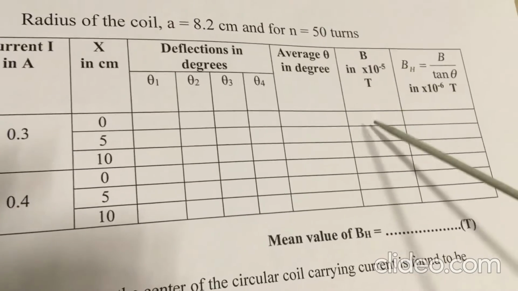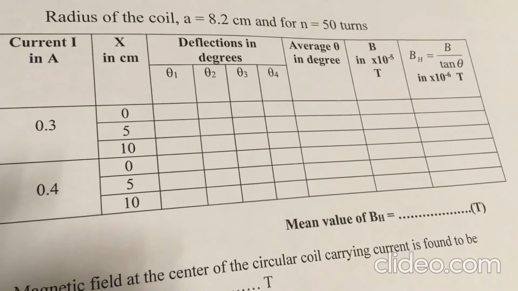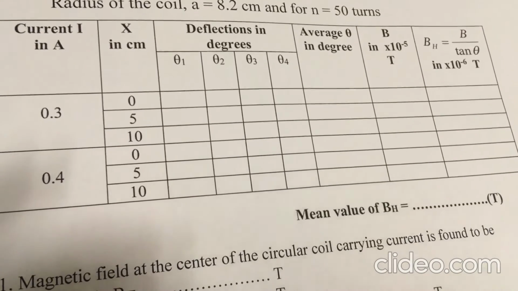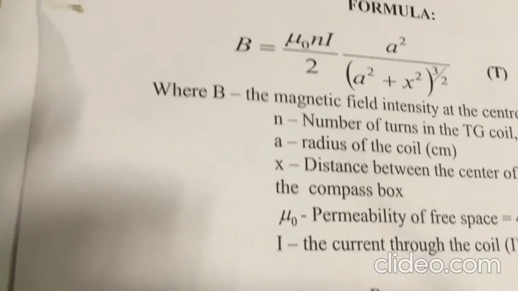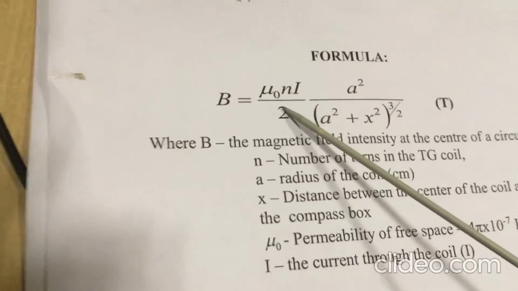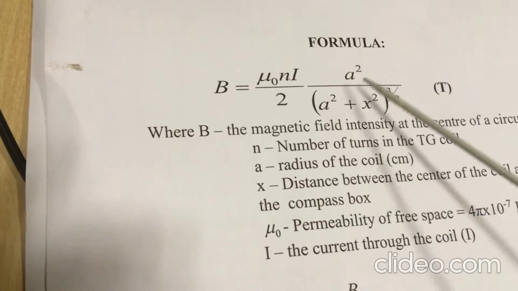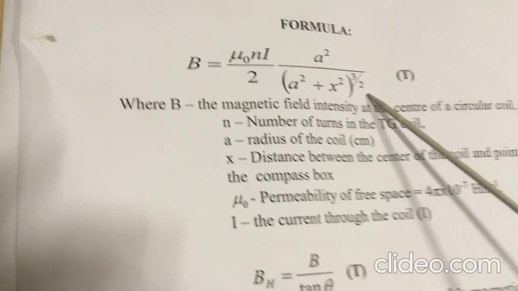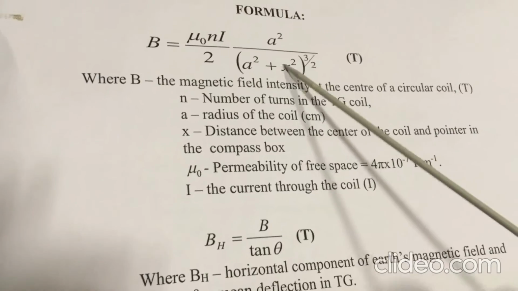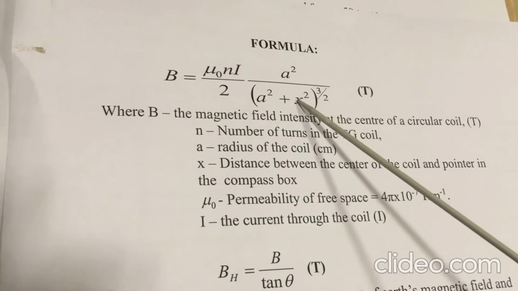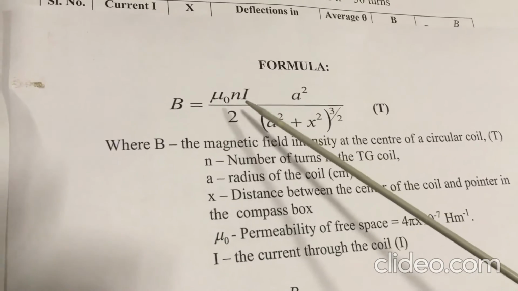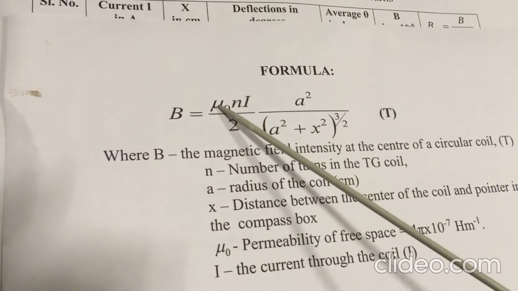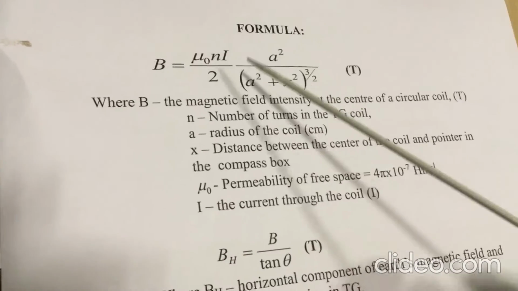Then we calculate the magnetic field B from the equation B is equal to mu naught N I by 2 into a square divided by (a square plus x square) whole to the power of 3 by 2. Now we substitute the x value. First, x is equal to 0, then a, N, I, mu naught are all constants.